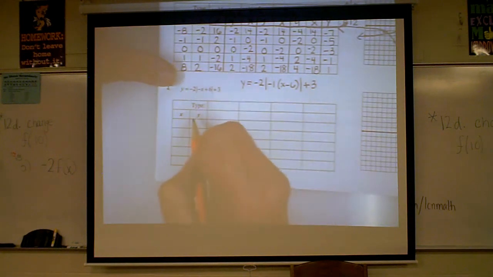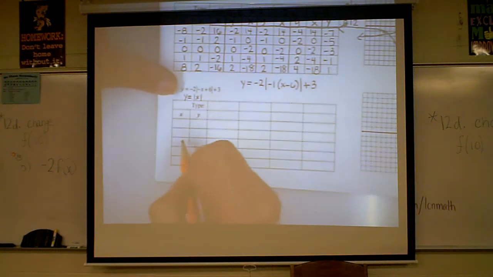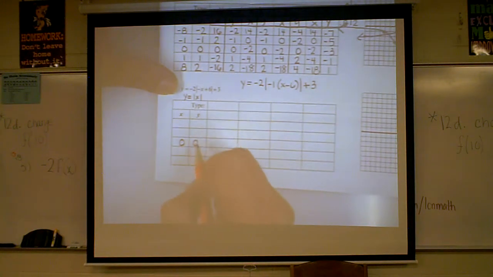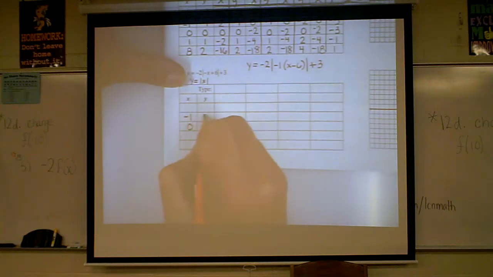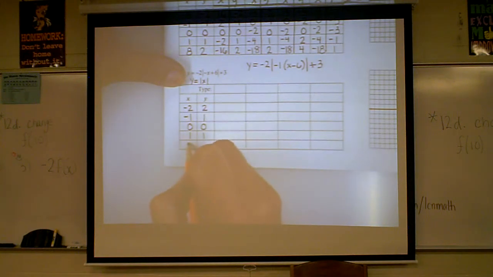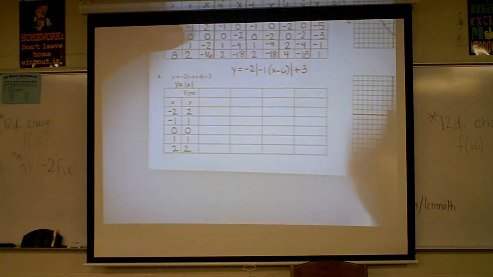Its parent function is y equals the absolute value of x. It's shaped like a V, so we have 0, 0, we have negative 1, 1, we have negative 2, 2, 1, 1, and 2, 2. So if you were to graph the parent function, and you didn't have to do this, but this is what it looks like to graph the parent.